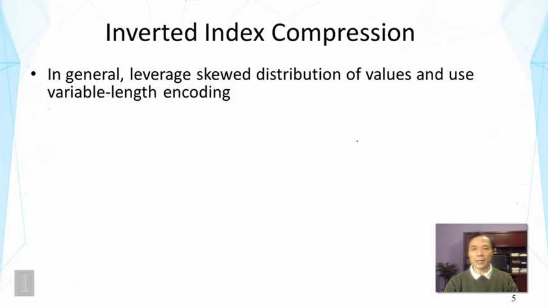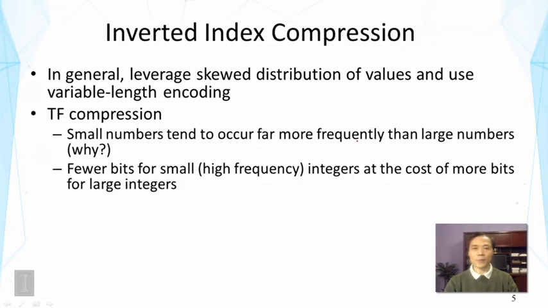So how can we leverage the skewed distributions of values to compress these values? Well, in general, we would use fewer bits to encode those frequent values at the cost of using longer bits to encode those rare values.